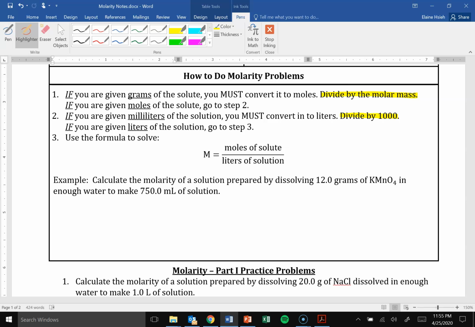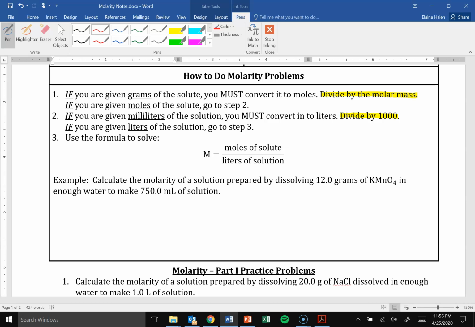Okay? All right, so let's actually do an example here. This example says, calculate the molarity of a solution prepared by dissolving 12.0 grams of KMnO4 in enough water to make 750.0 milliliters of solution.